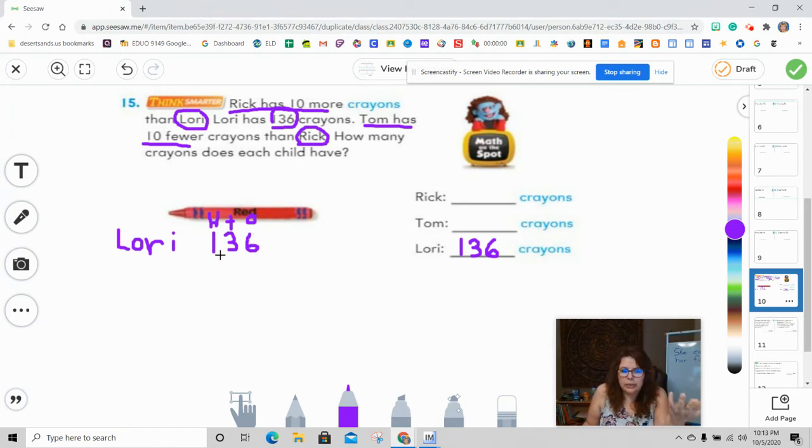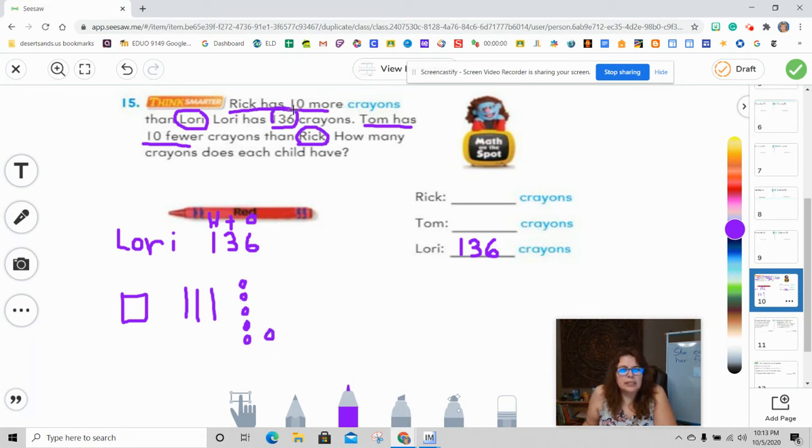So I know how many hundreds, how many tens, how many ones, until I know how to do it without having to write it. So I have 100, 3 tens, and 6 ones. 1, 2, 3, 4, 5, and then 6.